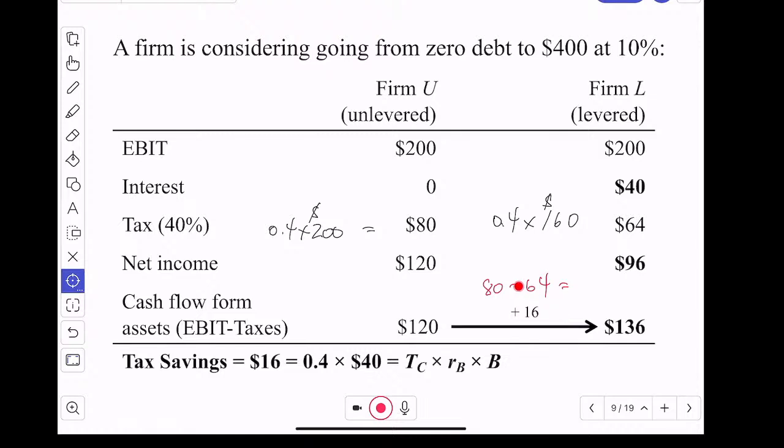So this $16, where does it come from? It comes from this calculation. I mean, obviously it comes from me taking the difference here, but in general, I could calculate that. Remember, for the capital budgeting exercise, we used TC times D. In this case, it's just going to be however much we claimed. This is the claim. This is the general rule. This is how it works. So whatever you claim times the tax rate, that is the amount of tax savings you'll experience.